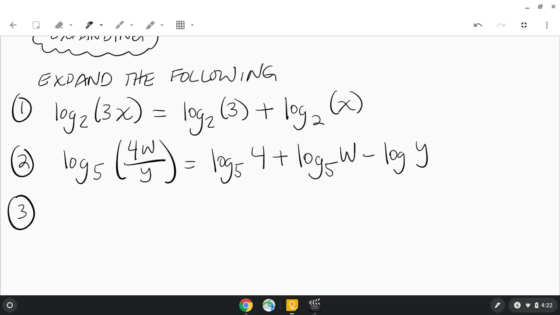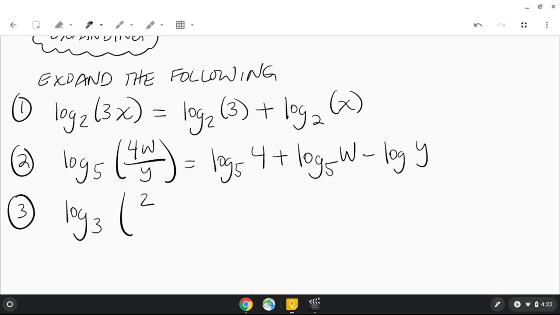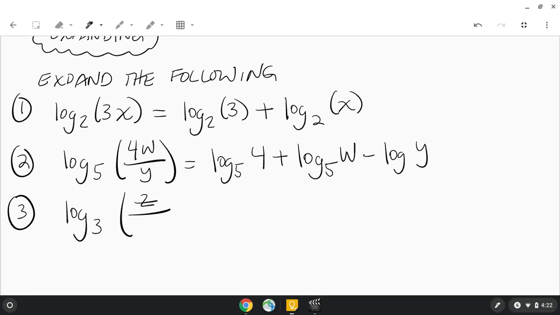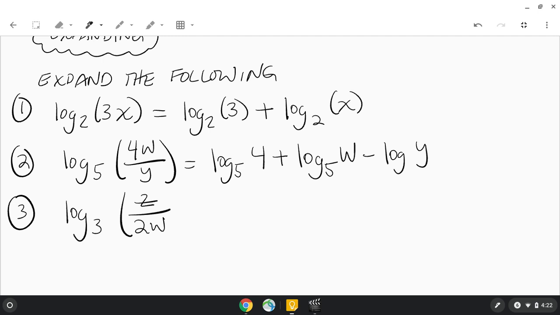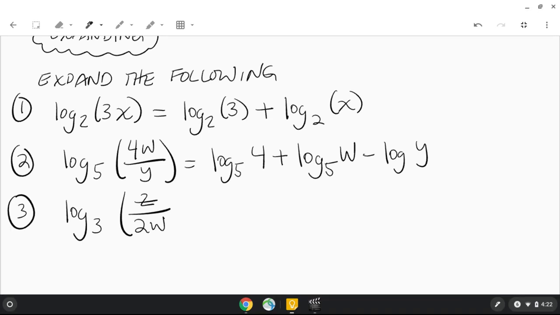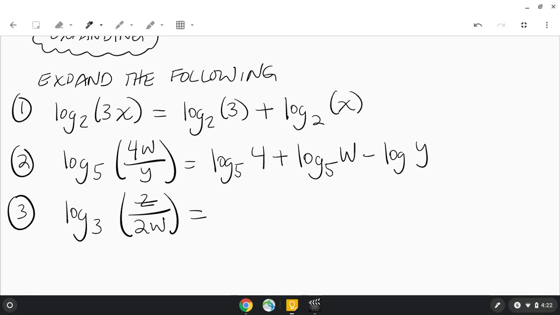So let's take a look at this one, log base 3. We have z in the numerator, which means that's going to be positive. We have a 2 down here, that one will be negative. And we also have a w here, so that one's also going to be negative. Numerators will be positive and denominators will be negative. So when I expand this, the log z will be positive. And then the log 2, since that's in the denominator, will be negative.